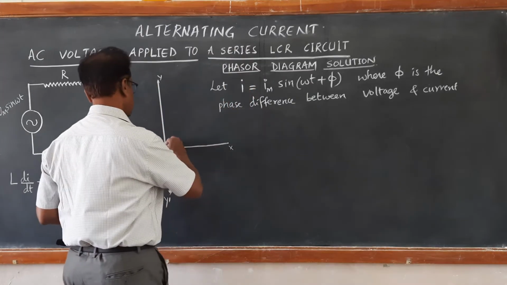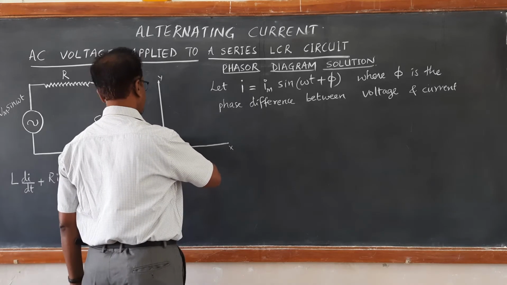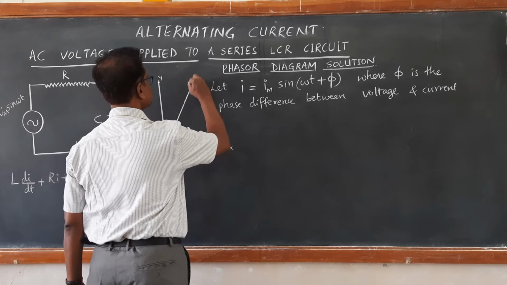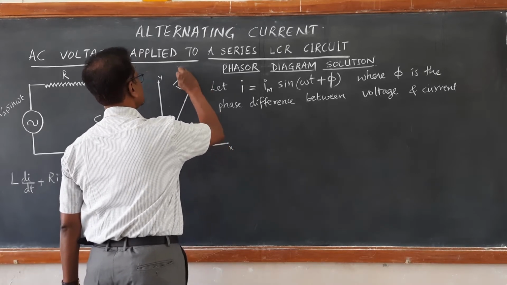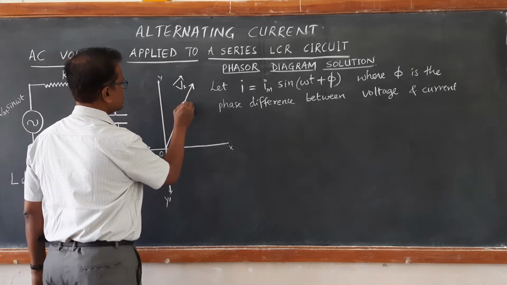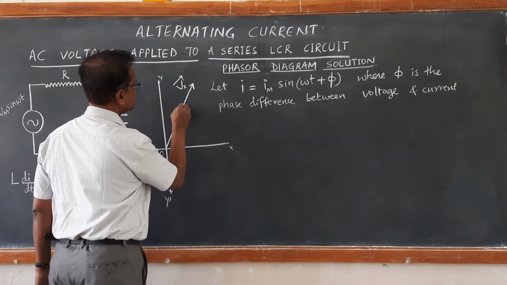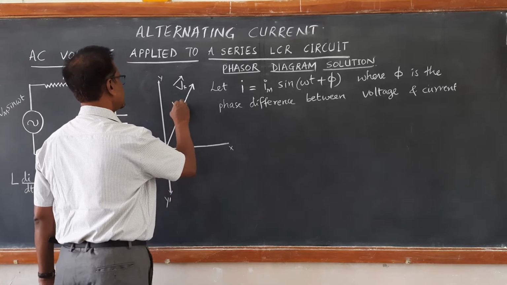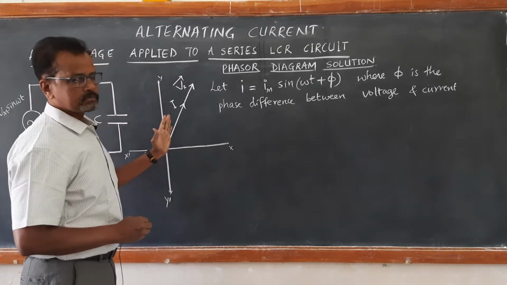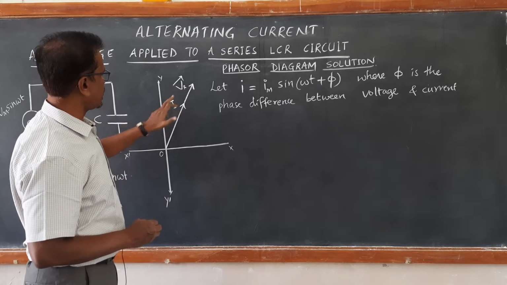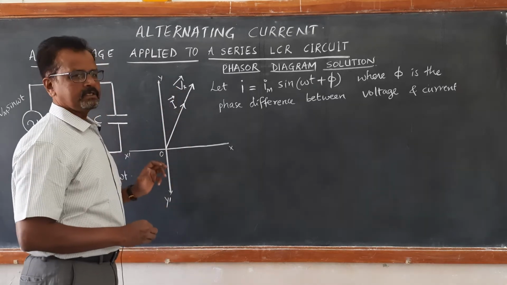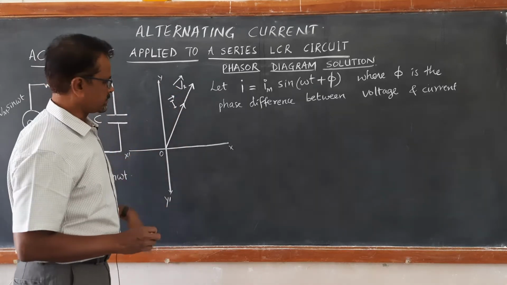So if I draw at a certain angle omega t, suppose this is the voltage across the resistor, then the current will have a lesser magnitude and zero phase difference with it. So this is the current phasor I and the voltage phasor VR across the resistor.